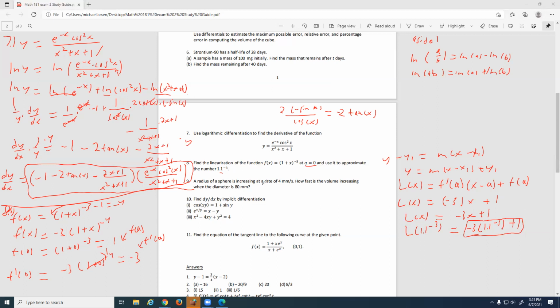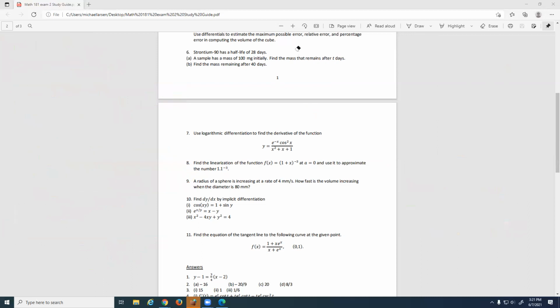So how do you guys feel about related rates? Do you want me to go over number 9? Yeah, I'll just run through it really quick. I'm going to clear these drawings, and we can move on to number 9. The radius of a sphere is increasing at this rate. How fast is the volume increasing when the diameter is this?